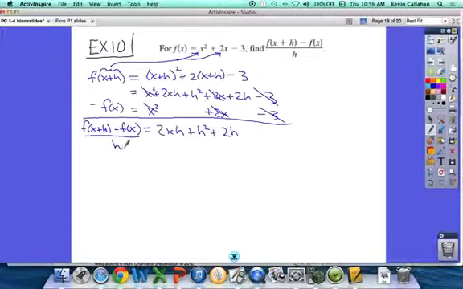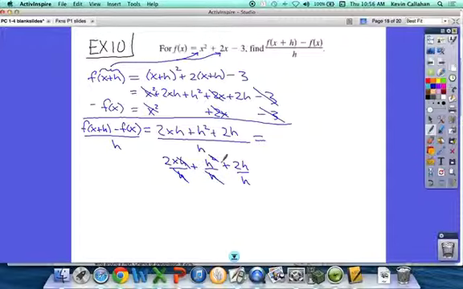Now we divide by h. Okay, what would that be? Right? So notice, if you need to do it this way, you could write it like 2xh over h plus h squared over h plus 2h over h. Right? The h's cancel.